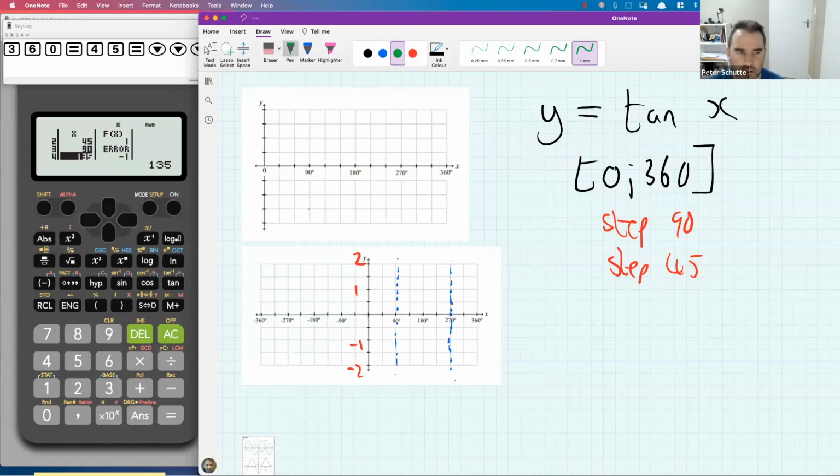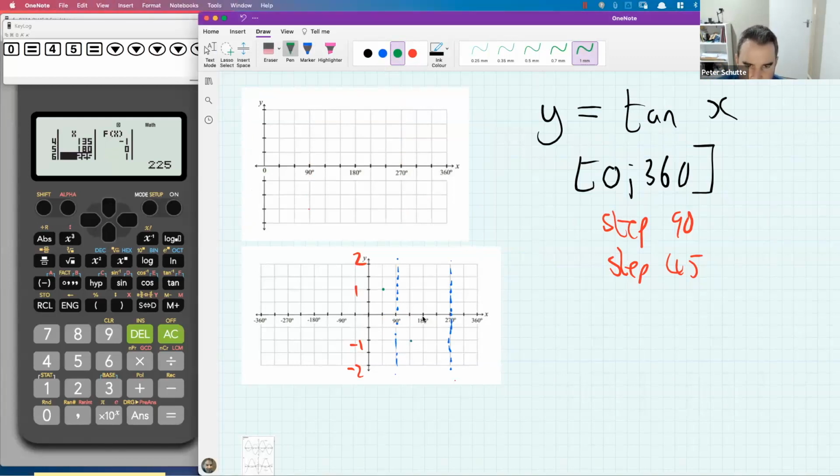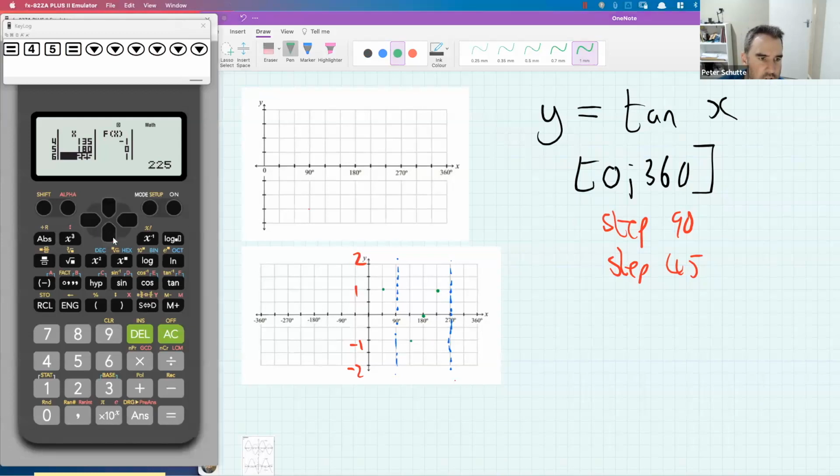And then we have 45 and 1. And then we have 90 error, minus 135, minus 1. 180 is 0. And then this one is going to be like that. 315, minus 1, which is going to be down here.